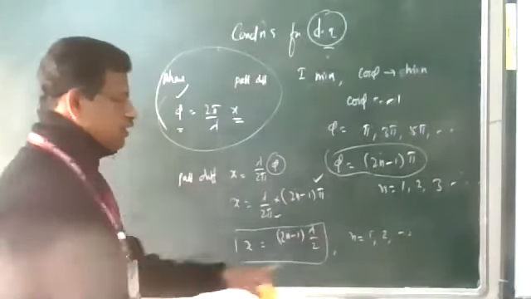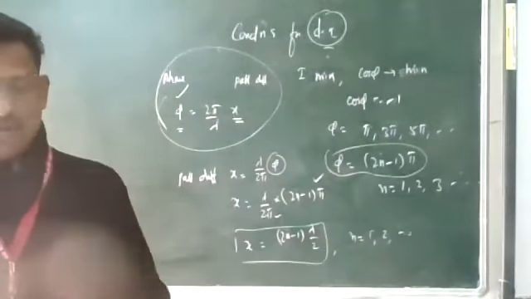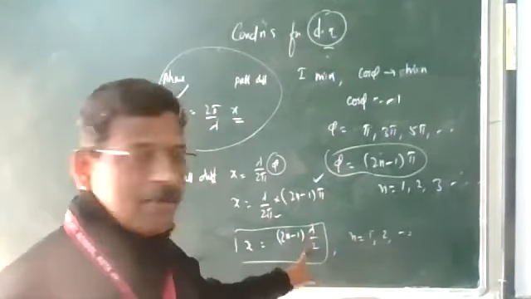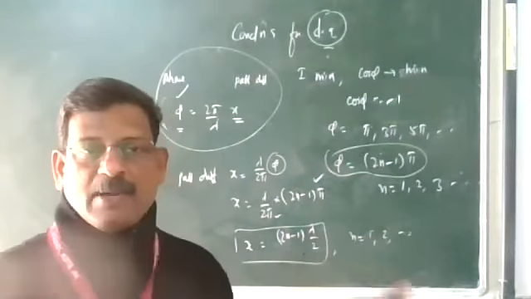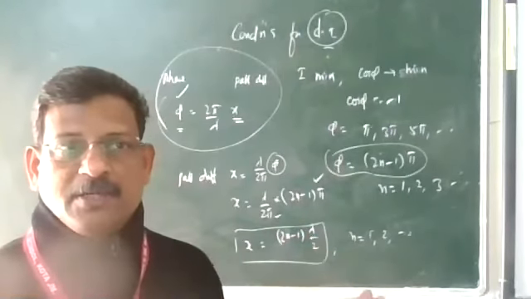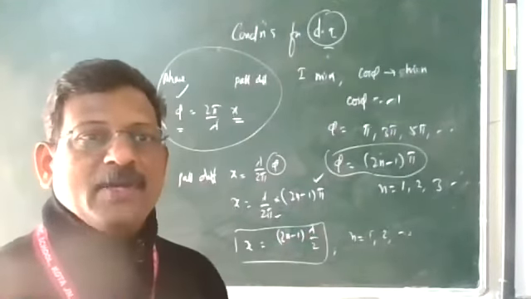The path difference is an odd integral multiple of half the wavelength. That means when the path difference is lambda by 2, 3 lambda by 2, 5 lambda by 2, such a point on the screen will appear dark.